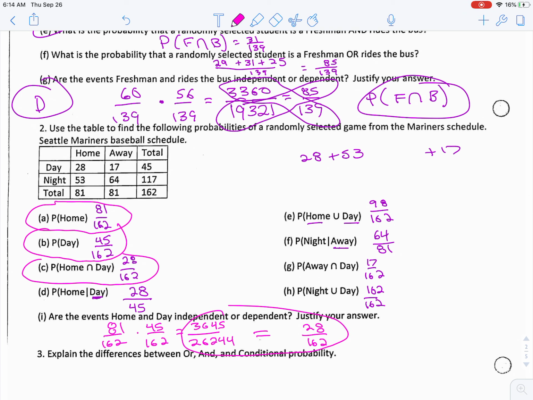The question is, are these two equal? So I'm going to multiply these two, and when I multiply this way, I get two very big numbers that are not the same. So this one is dependent because I didn't get the same thing.